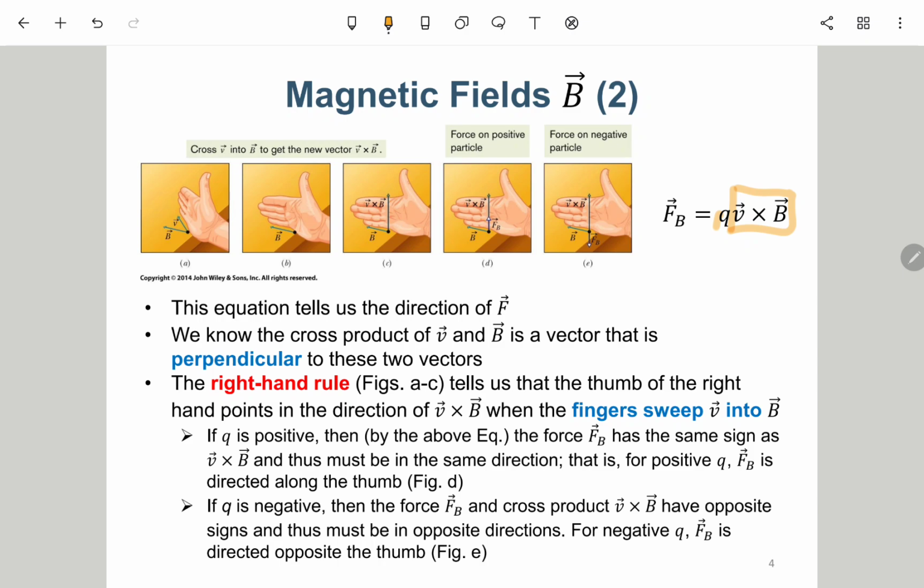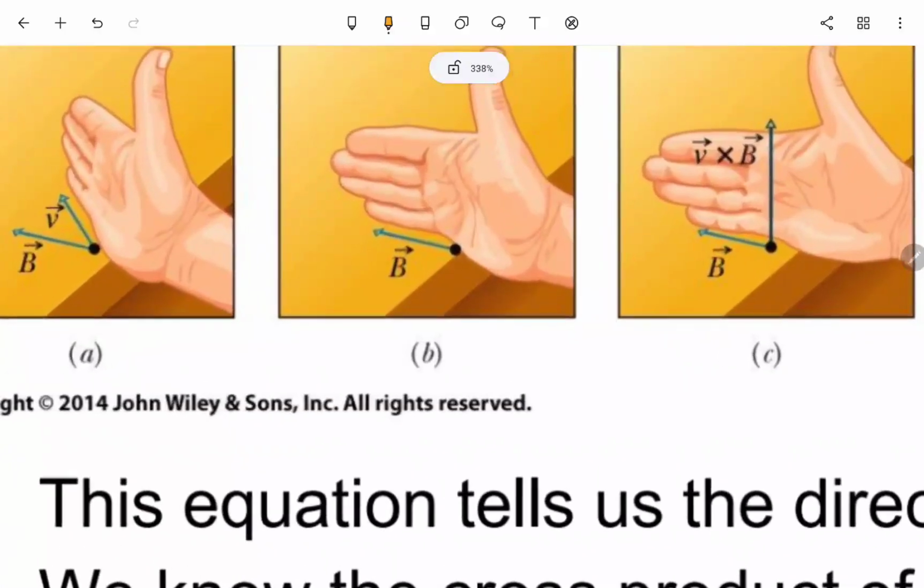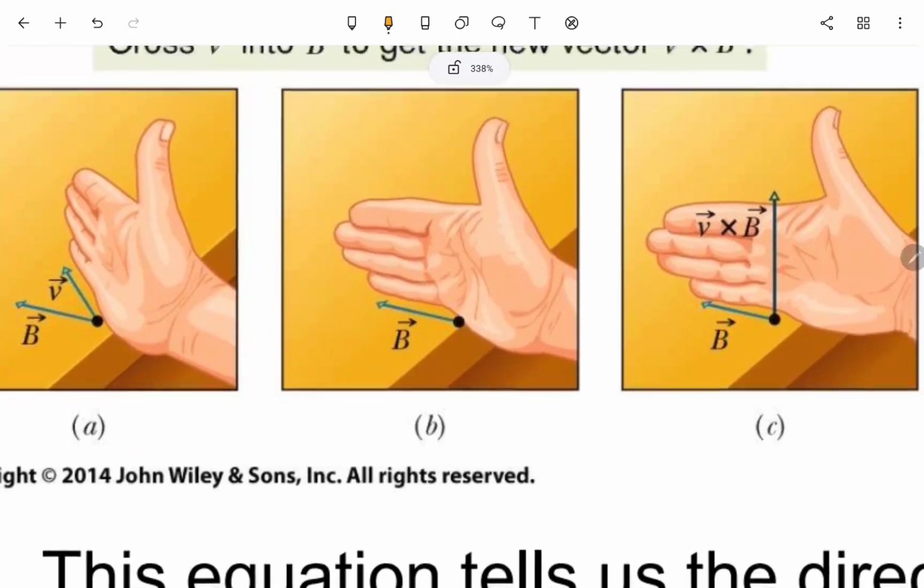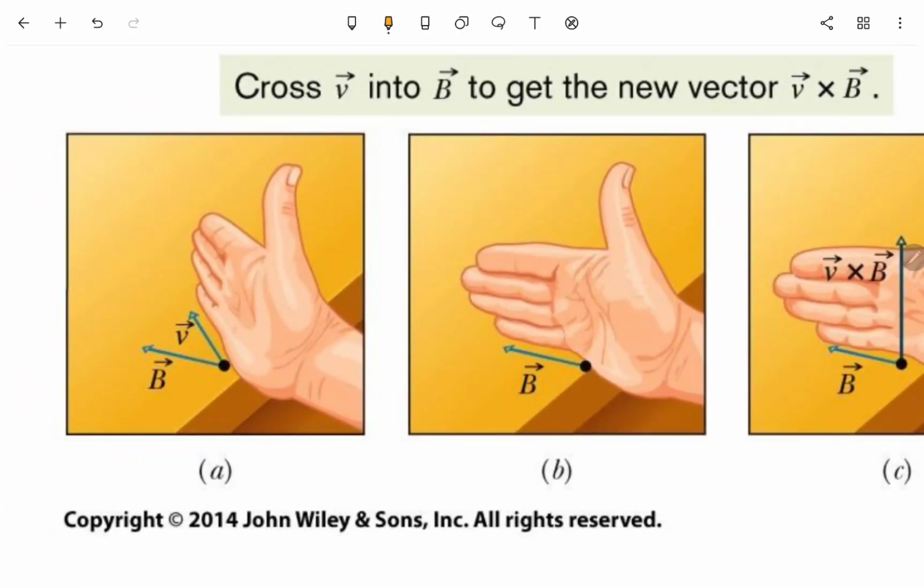So we just try to isolate it, and only talk about this V cross B. Let's say for this one, we have V pointing in this direction, B pointing in that direction, so of course they should have an angle between them, called phi.